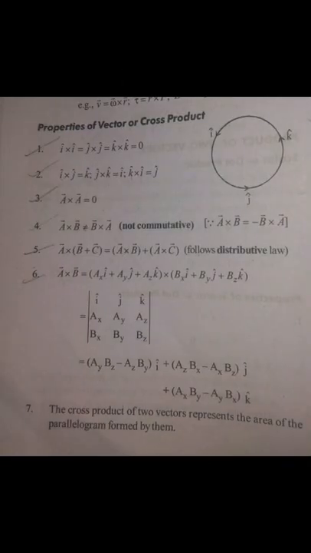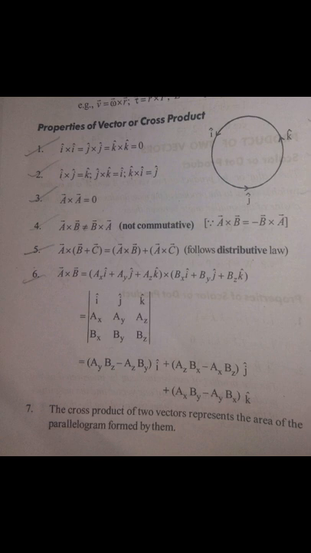Then properties of vector or cross product. I cross I equals J cross J equals K cross K equals 0. Second, I cross J equals K, J cross K equals I, K cross I equals J. Then vector A cross vector A equals 0.